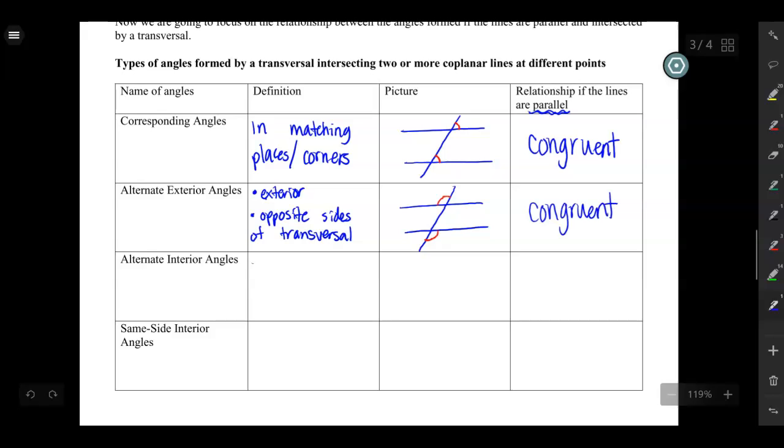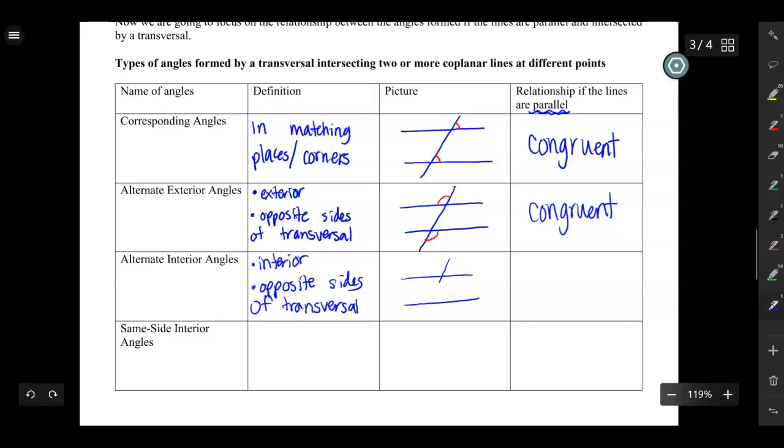Alternate interior angles are really similar. They're just on the interior. So we have an interior, and we're looking at angles that are on opposite sides of the transversal. Whoops, starting to get a little sloppy with my handwriting. So I'm going to have two parallel lines with the transversal that cuts through them.